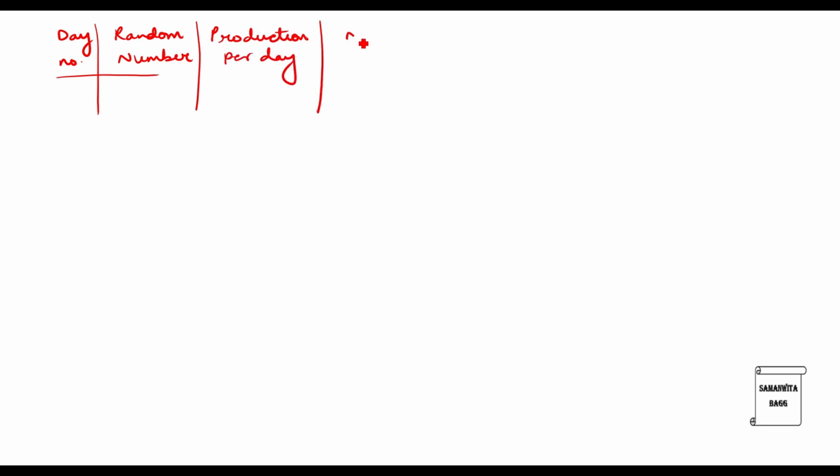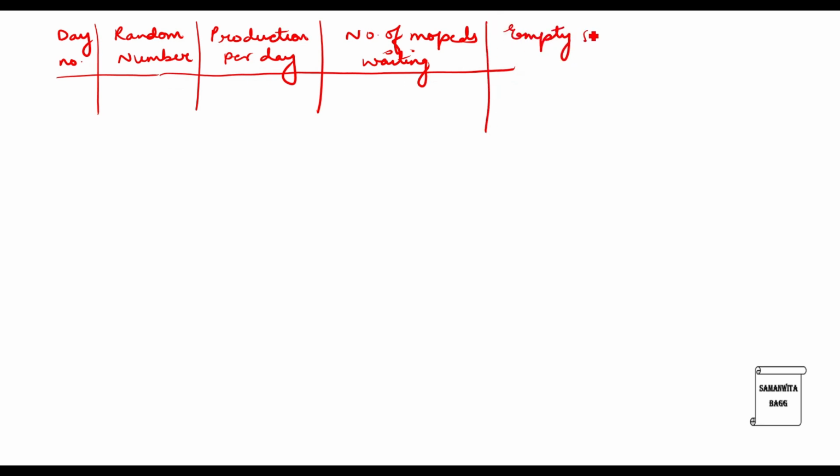Then we'll talk about the number of mopeds waiting as it is asked in the question. And last we'll talk about the empty spaces in lorry. So we have to simulate for 15 days because there are 15 random numbers given.